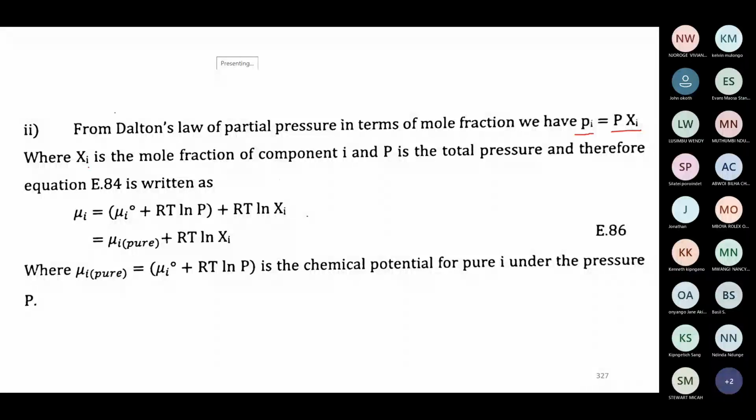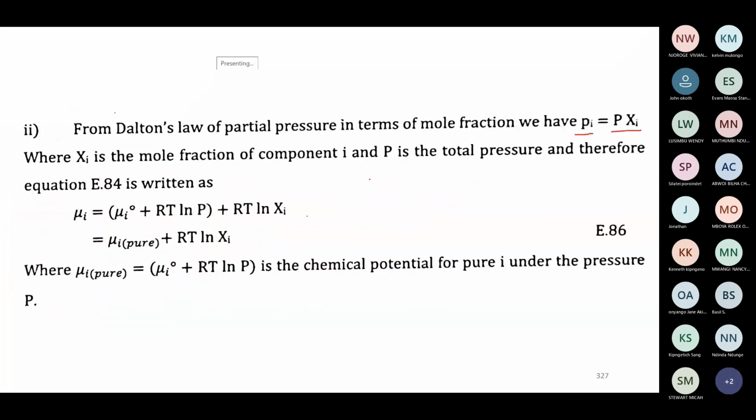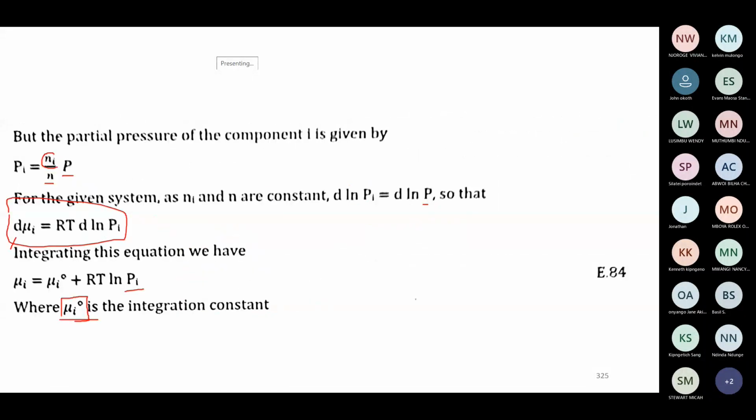So this Xi is the mole fraction of component i, and P is the total pressure, and therefore this E84 becomes mu i equals mu i naught plus, so now we are replacing Pi with P times Xi.